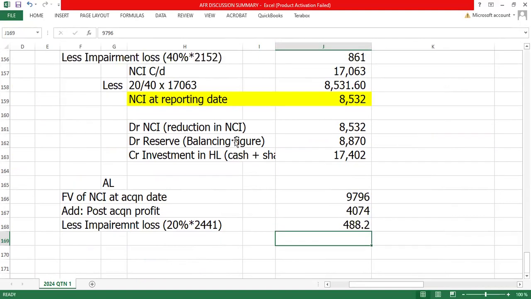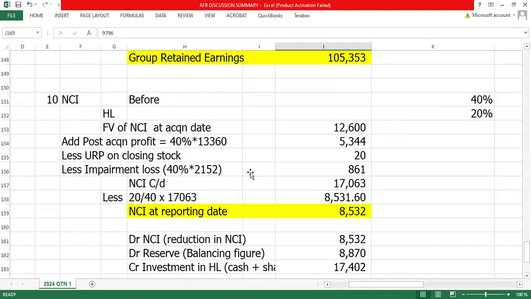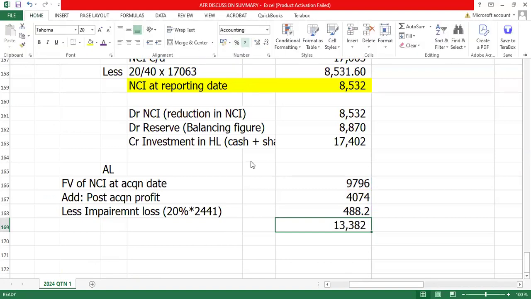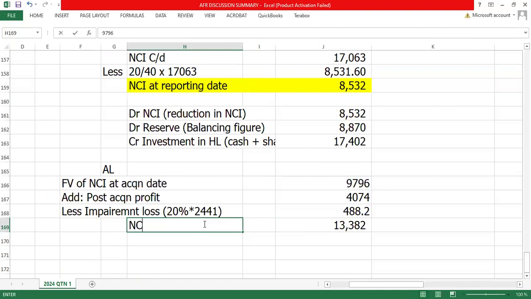Do we have any other? I think that's all. Add it plus this minus this. So that is your total NCI.